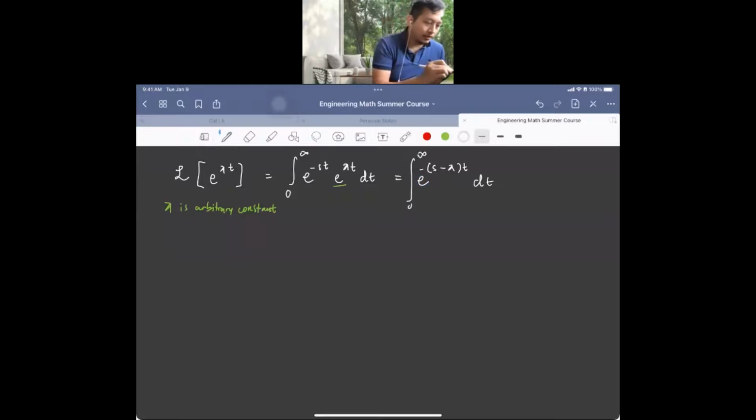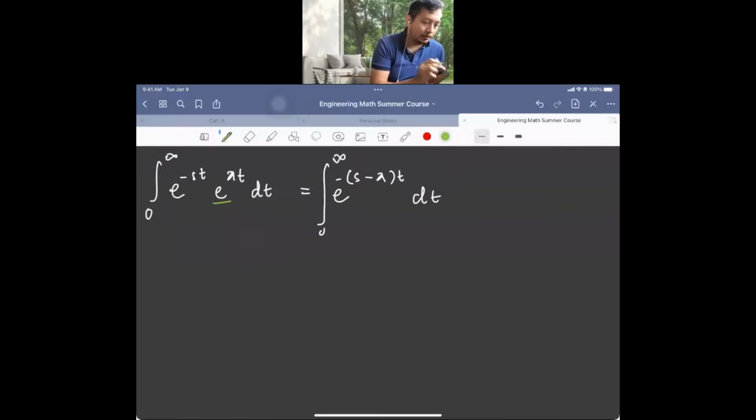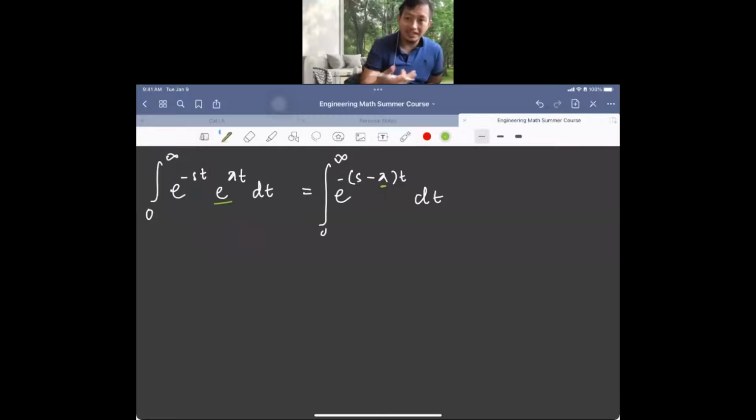Now to solve this, remember this is just a constant. We integrate with respect to t, and s is actually a variable, but we treat it as a constant because we partially integrate. So we can use substitution.